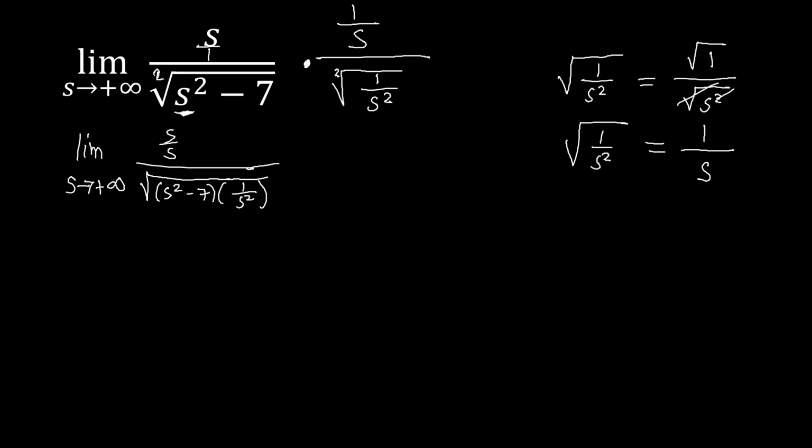So next one, we are to simplify. This one is the limit of 1 over, and then we have here the square root of, we are going to simplify the bottom part. So we have s squared times 1 over s squared. So we are now simply distributing our 1 over s squared. And then we have minus 7 times 1 over s squared.